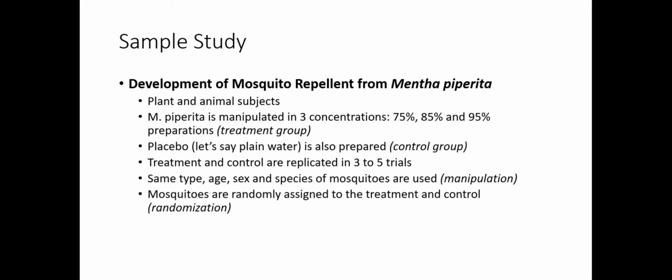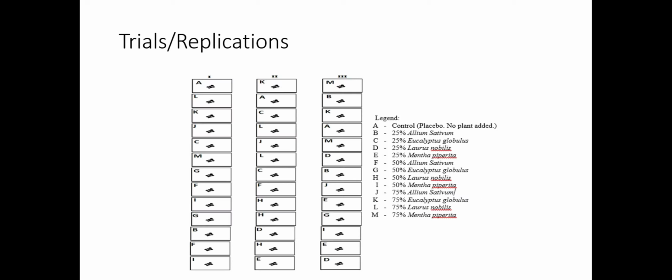Now the same type, age, sex, and species of mosquitoes are used. So here we manipulate the independent variable, which is the mosquitoes. Now, mosquitoes are randomly assigned to the treatment and control group, and we call that randomization. Now, this is an example of trials or replications. On the right side, you can see the legend. These are the treatment and the control groups.